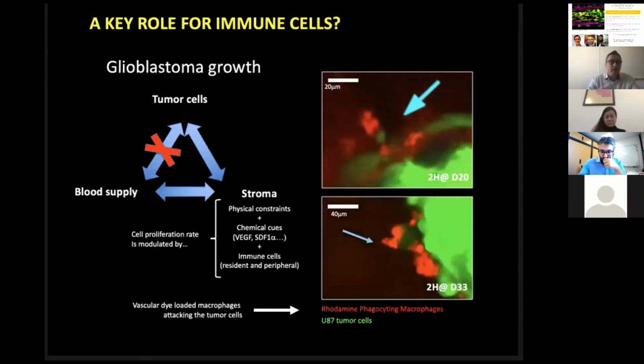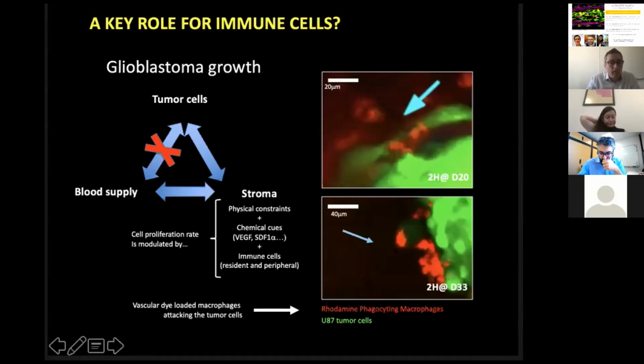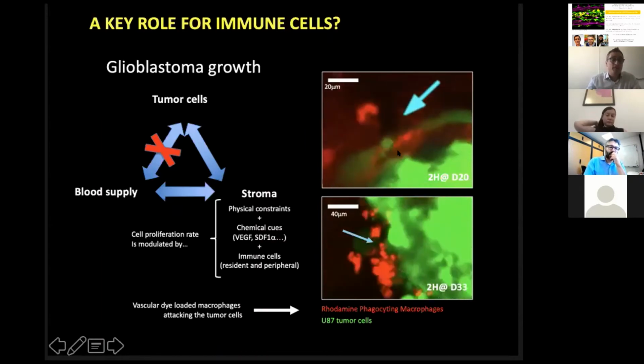After repeated imaging, we can indeed get some labeled macrophages, and we use these macrophages to evaluate their behavior with regard to the tumor. And as you see, they really attack tumor cells and try to interact with them. And in the best case, they can eat and really phagocytose pieces of tumor cells.